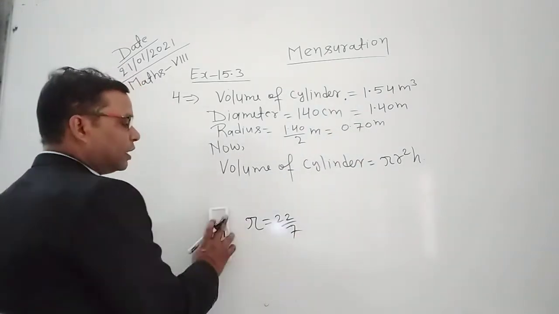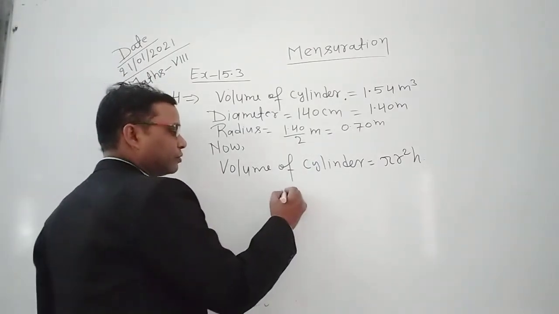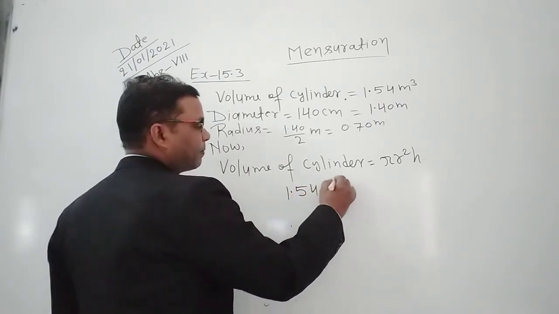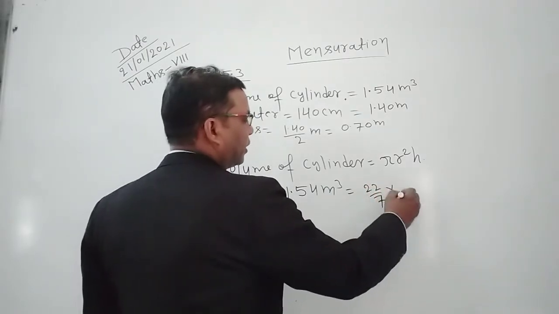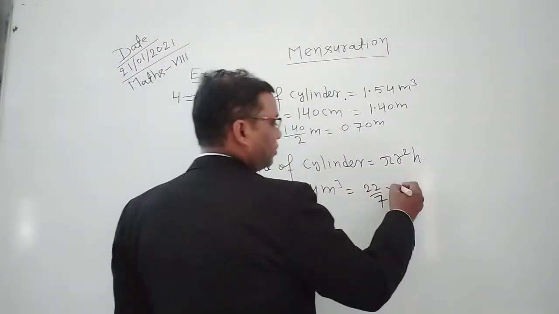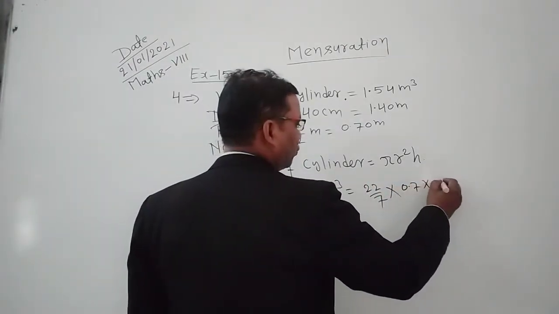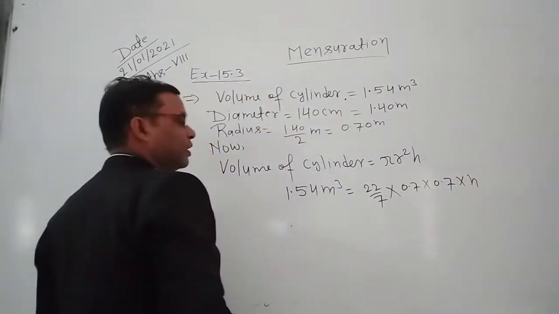This is clear. And the volume is also given here, 1.54 meter cube. This is 22 by 7, and radius is 0.7 into 0.7 into h. Clear?